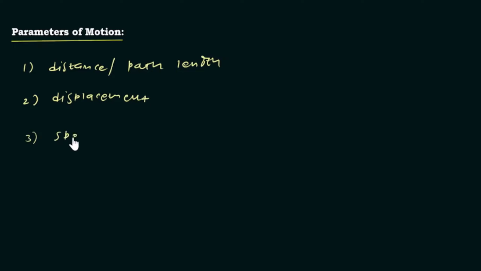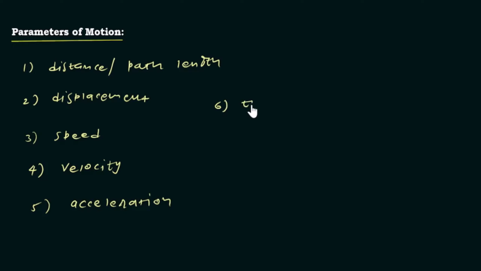Third is speed. Fourth is velocity. Fifth is acceleration. Apart from this, we can also include a sixth parameter, time.